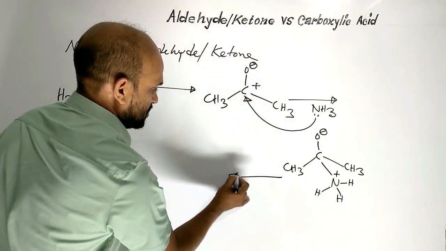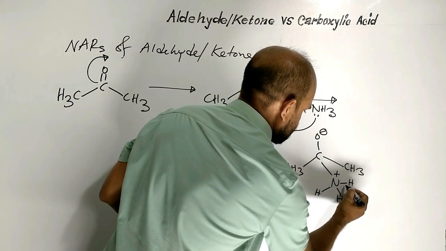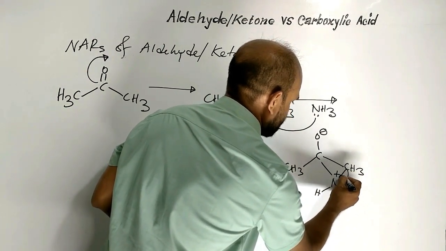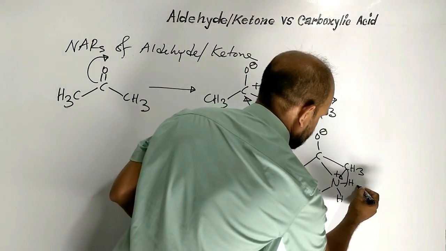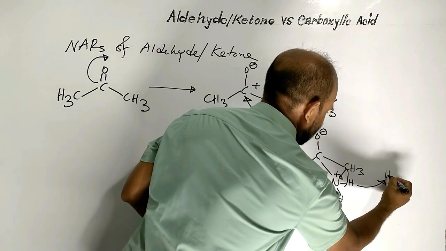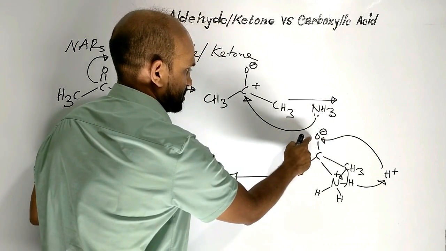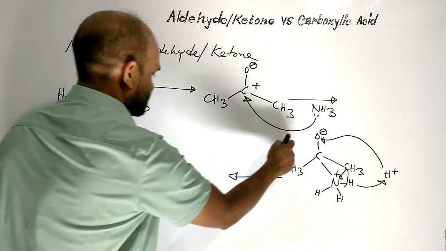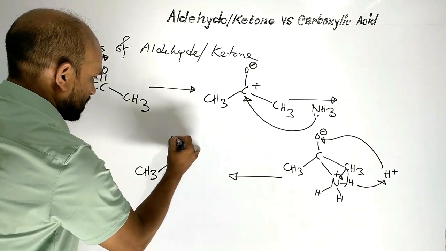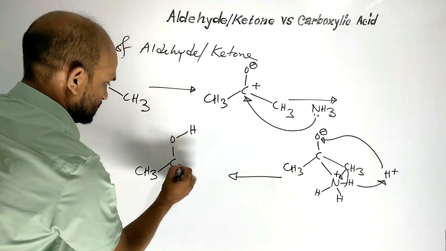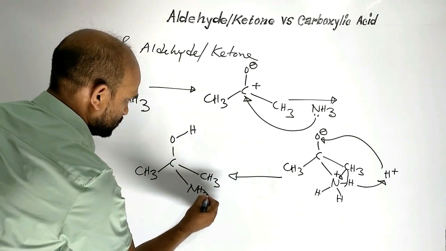Now, because of this positive charge, these nitrogen-hydrogen covalently bonded electrons move towards nitrogen to vanish this positive charge. As a result, this hydrogen gets freed as a proton. This proton combines with the negatively charged oxygen. As a result, this is formed: carbon, oxygen, hydrogen, here CH3, here NH2.